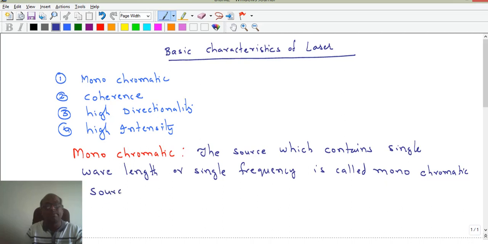So the source which we are going to consider must have a single wavelength or single frequency.